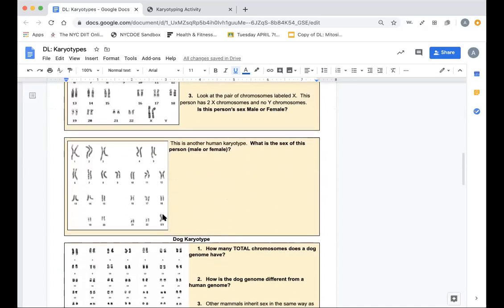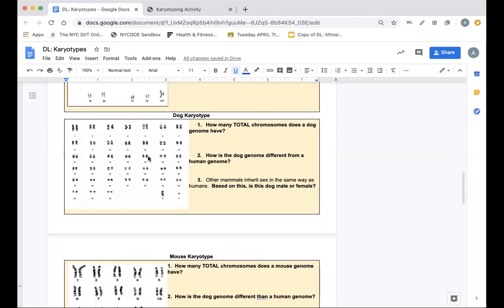Down here, you'll see the Y chromosome looks very different than the X chromosome, so you shouldn't be confused by it. The Y chromosome is very small compared to the X chromosome. So this person is clearly X and Y. The real key in knowing the difference between the X and the Y chromosome is the size. So this person has 23 sets of chromosomes, so it's definitely a person.